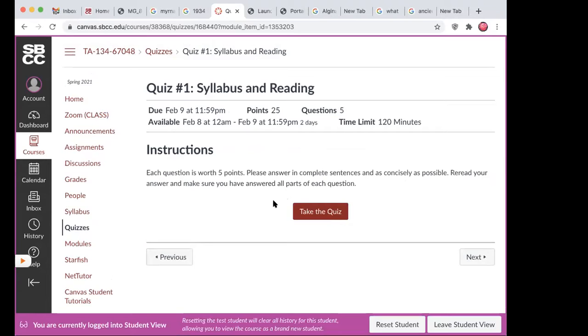You can use all of your resources from any lecture notes, the Canvas page, the books, anything that you have. Then you just push this, you take the quiz. It is short answer, so please answer in complete sentences, as concisely as possible. Reread your answer and make sure you've answered all the parts of each question.